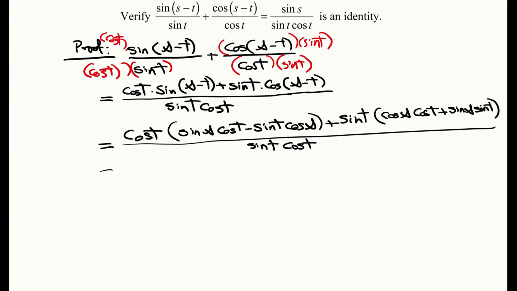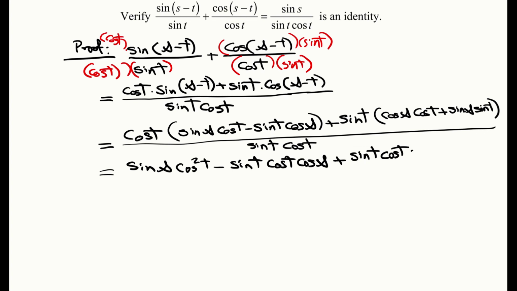All right, so if we go ahead and multiply this out, we'll end up with sine s cosine squared t minus sine t cosine t cosine s, plus the next distribution right here will give us sine t cosine t cosine s, plus, notice this sine t times that sine t will give us sine squared t.